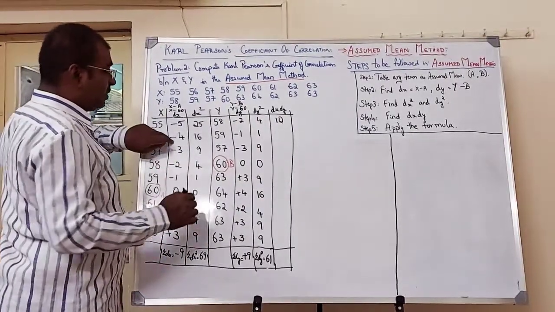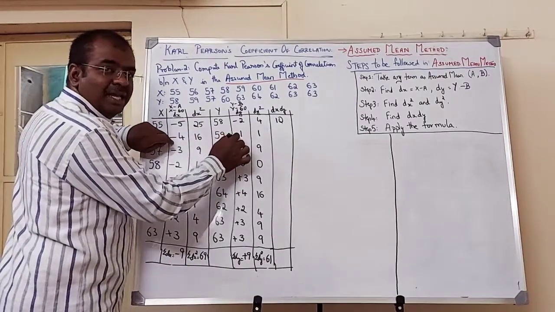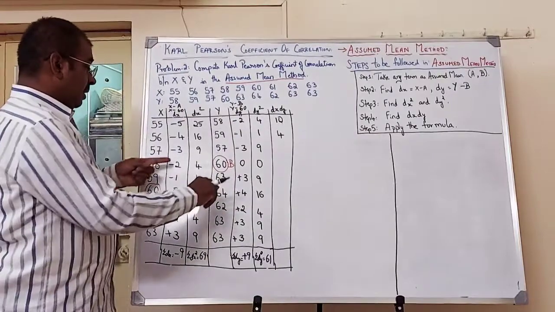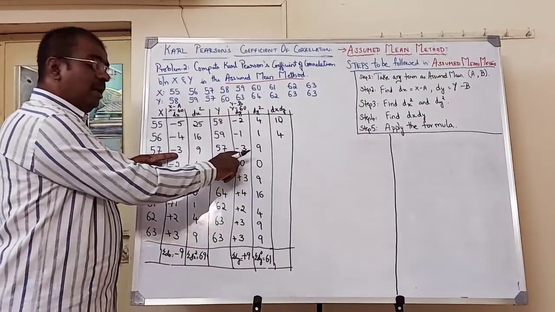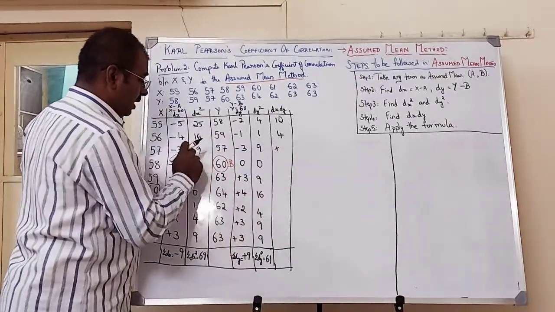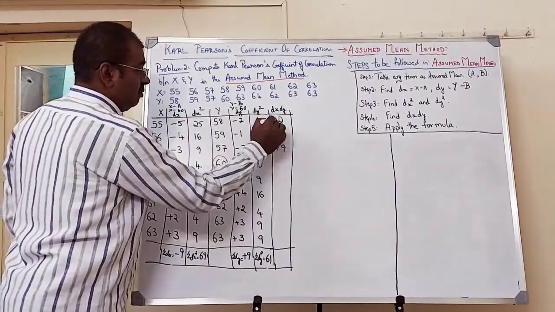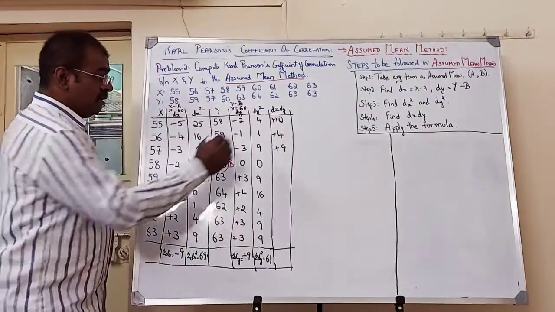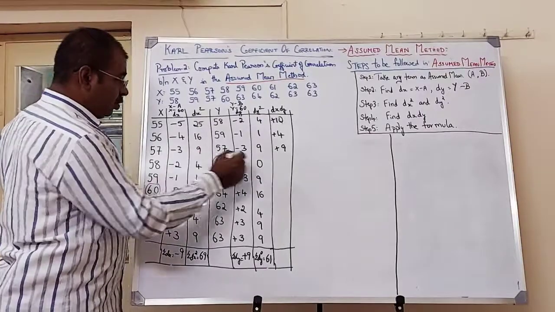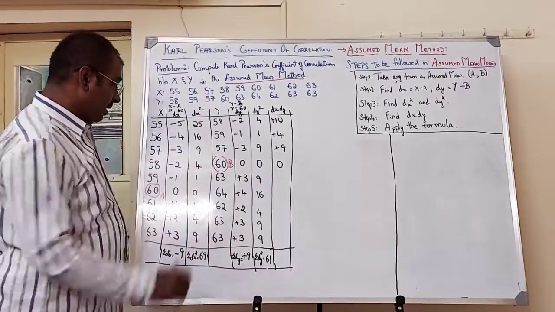Second, dx is minus 4, dy is minus 1, minus into minus is plus, it is 4. Dx is minus 3, dy is minus 3, minus into minus is plus, 3 into 3 is 9. This is also plus. Next, minus 2 into 0, anything into 0 is 0.